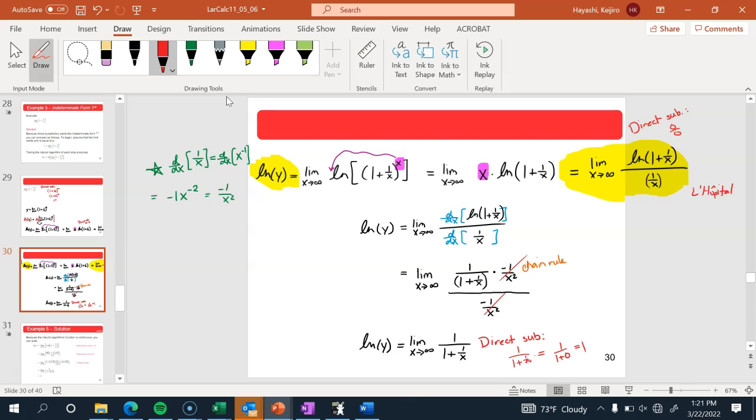But 1 is not the limit itself. In the very beginning, we took the natural log of what the limit was, right? Y is our limit, and it's the natural log of y. It's the natural log of y that is 1.